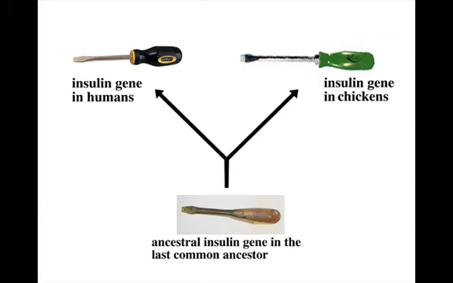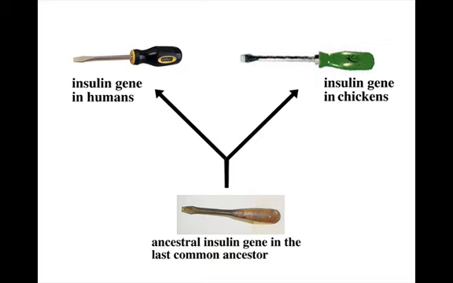That leads to this interpretation, that the best match to the human insulin gene in chickens is what we call the chicken insulin gene. And the evidence is from both the structure, the match, and also the function. Studies show that the insulin gene codes for a protein that's doing the same functional job.